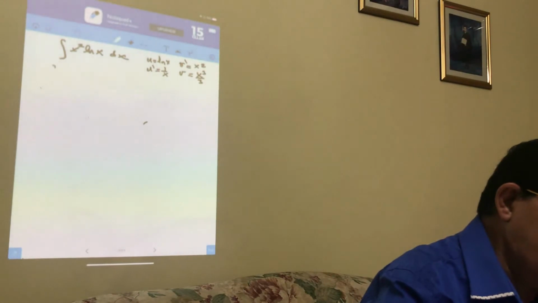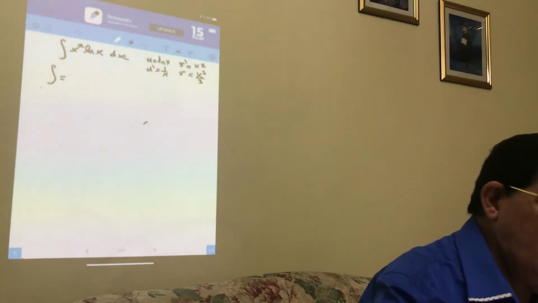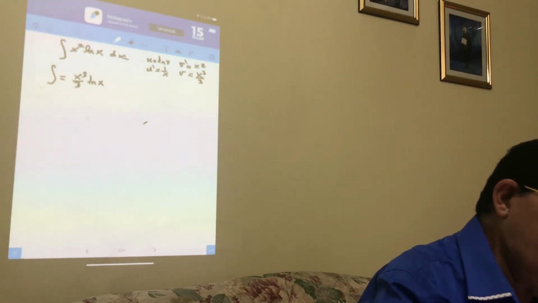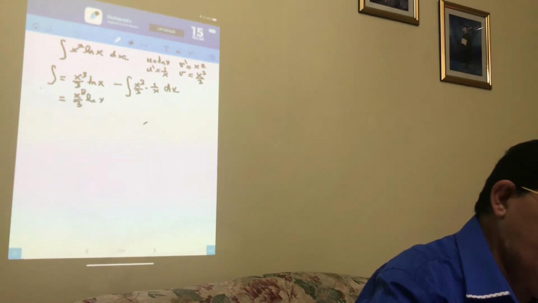Then the integration equals uv, which means x cubed over 3 ln x, minus the integration of v u dash, x cubed over 3 times 1 over x dx. Therefore, it is x cubed over 3 ln x minus 1 over 3 outside, the integration of x squared dx.